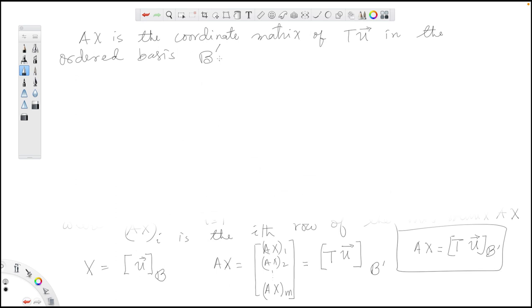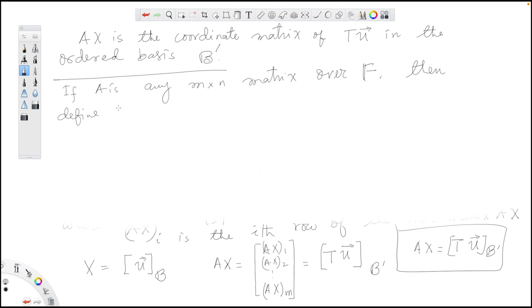Now, in the other direction, if A is any m times n matrix over the field F, then define T by T acting on this vector of the vector space V, right?